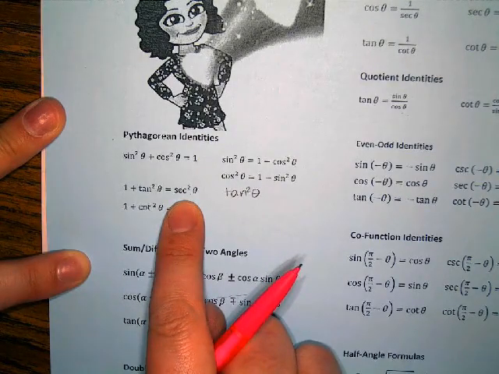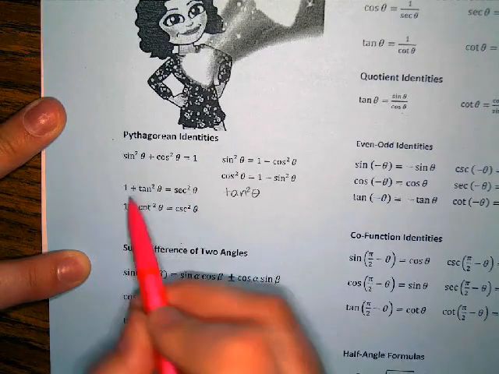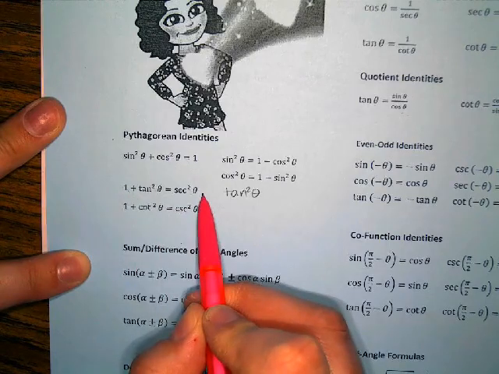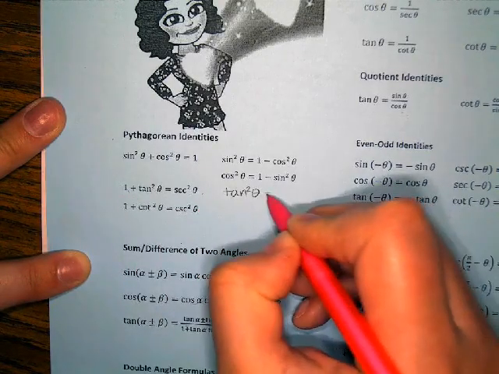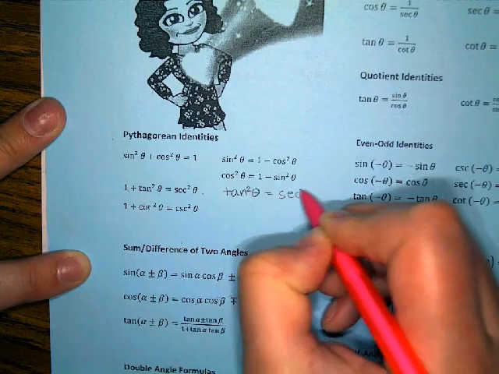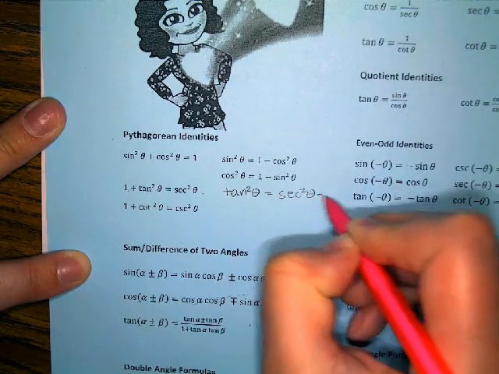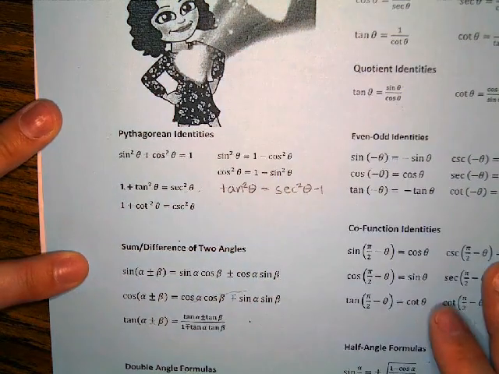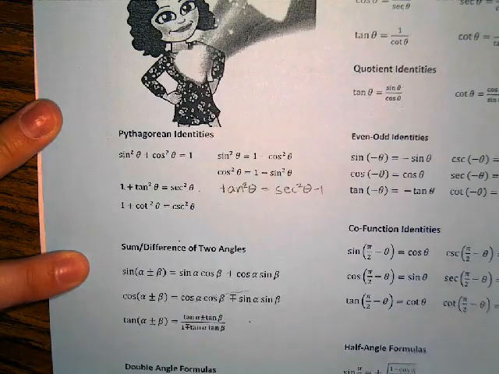Not 1 minus secant squared, but you're close. Secant squared minus 1, because you'd be taking the 1 and minusing it over to this side. So tan squared equals secant squared minus 1. Okay? Anybody have a guess about where they got the other one from?